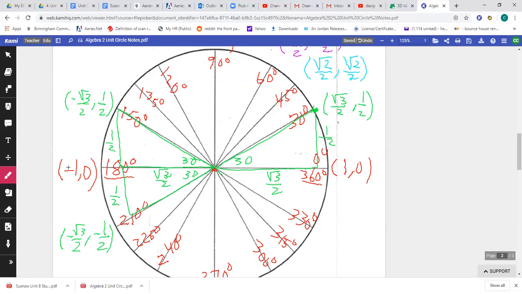And then if I draw another 30, 60, 90 triangle here, right, you'll see that this is still 1/2 and the x is still √3/2, except now since I'm on the bottom right, my x is positive and my y is negative. But you see how it's the same numbers, except the signs change based on where you are.